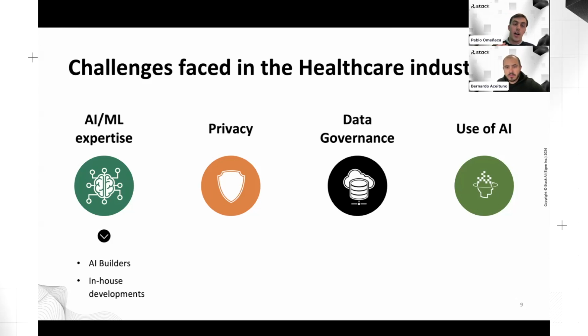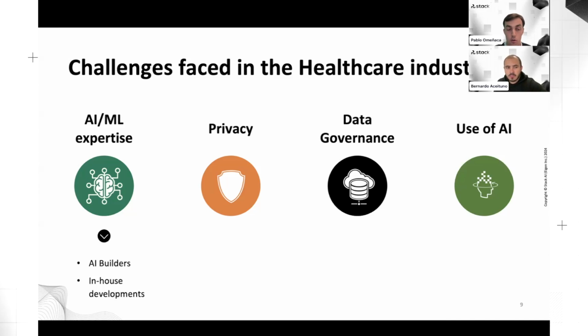For how to mitigate this challenge of the expertise, there are AI builders out there such as Stack AI that help you build those AI solutions very, very fast and without having to really code and also to really know the specifics of an AI system. This is a very efficient and very good way to get started and build as many use cases as you can think of.